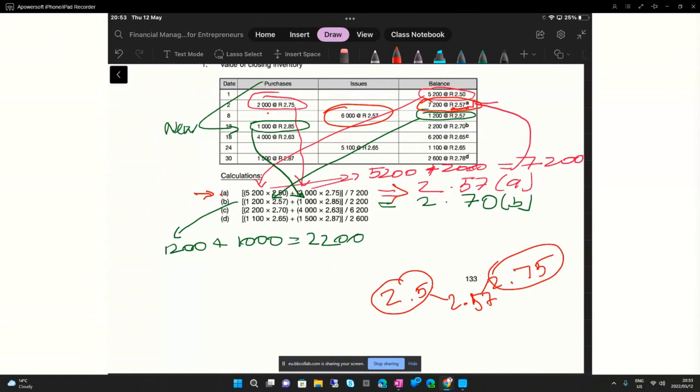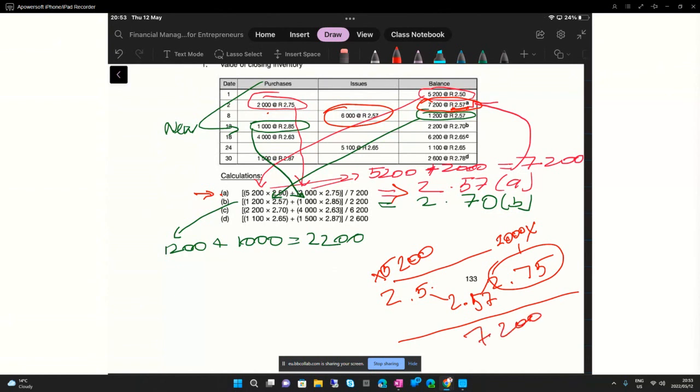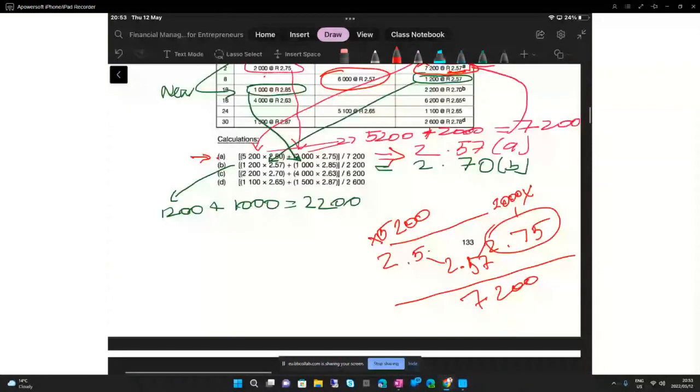How many were bought at this price, which is 5,000, plus how many units were bought at this price, which is less, 2,000 units, and the total will be divided by the total, 7,000. So that's how you get these weighted costs.